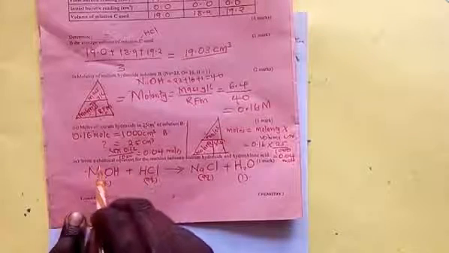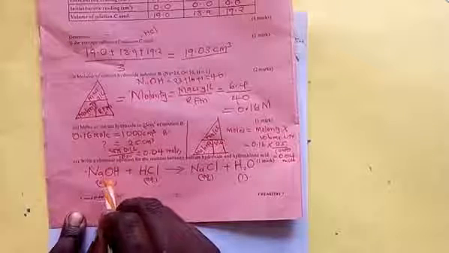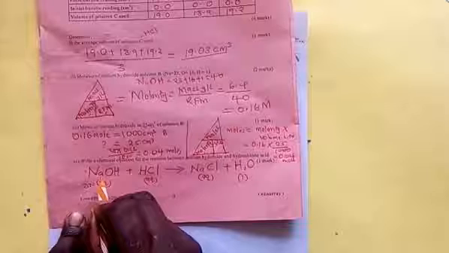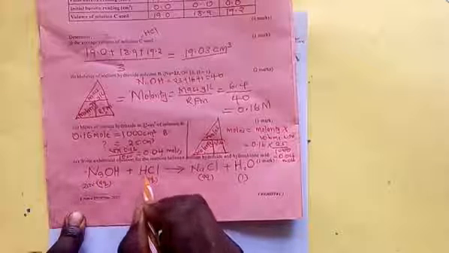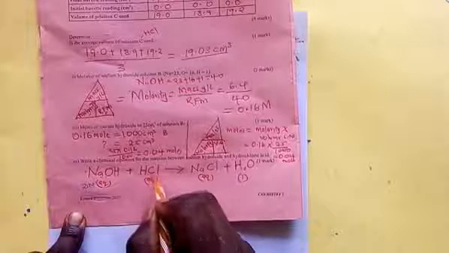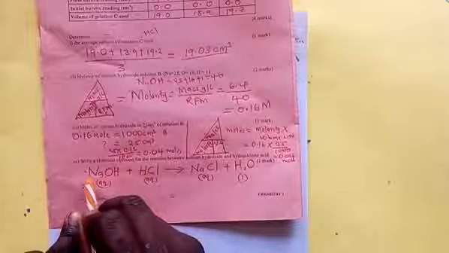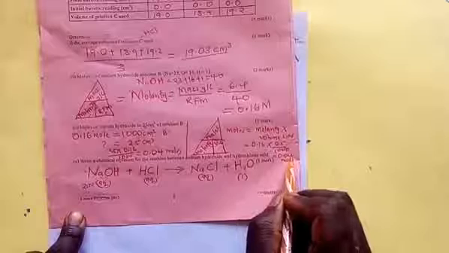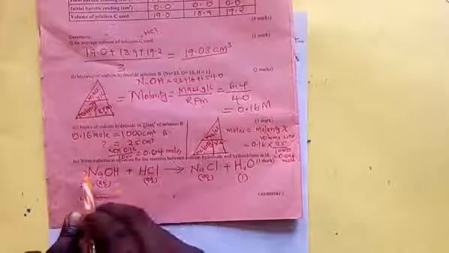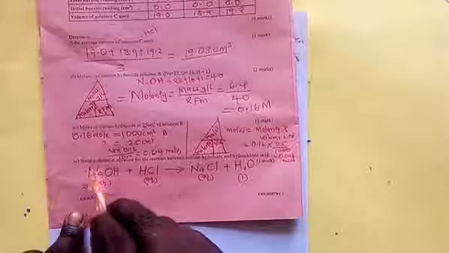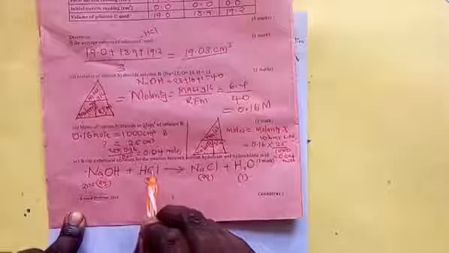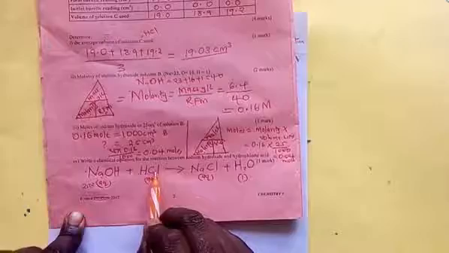Remember, moles of sodium hydroxide, we know 25 centimeters cube, sodium hydroxide reacted with 19 centimeters cube of HCl, solution C. So number of moles of sodium hydroxide we know is 0.04. Therefore, since the ratio is 1:1, number of moles of sodium hydroxide is equal to the number of moles of HCl, solution C, that was used, right?